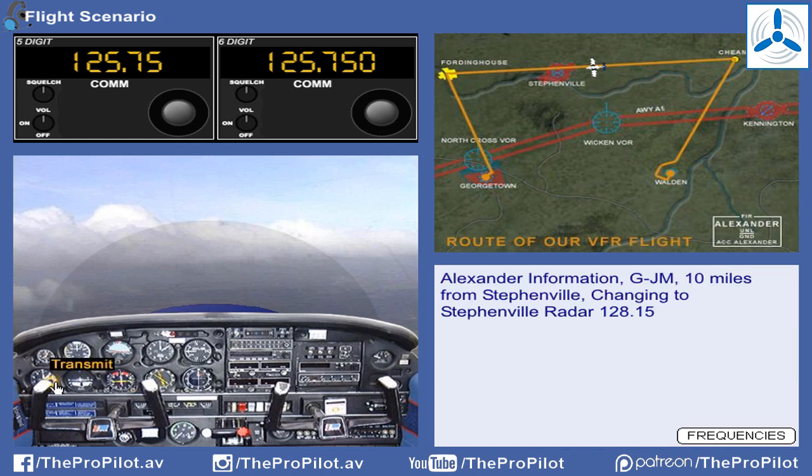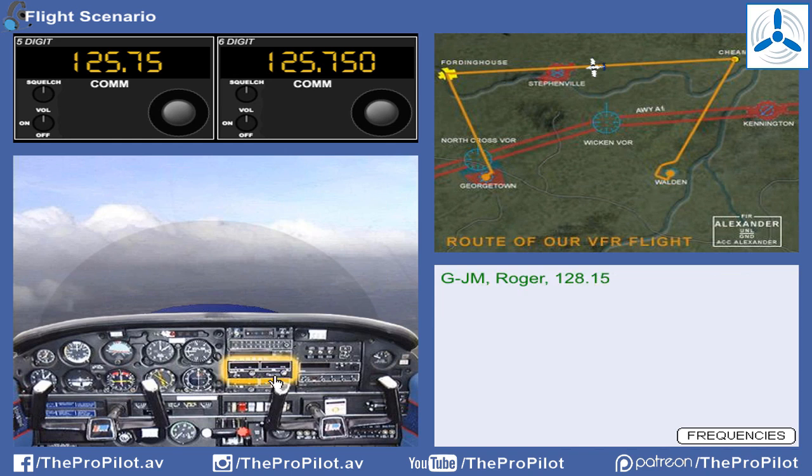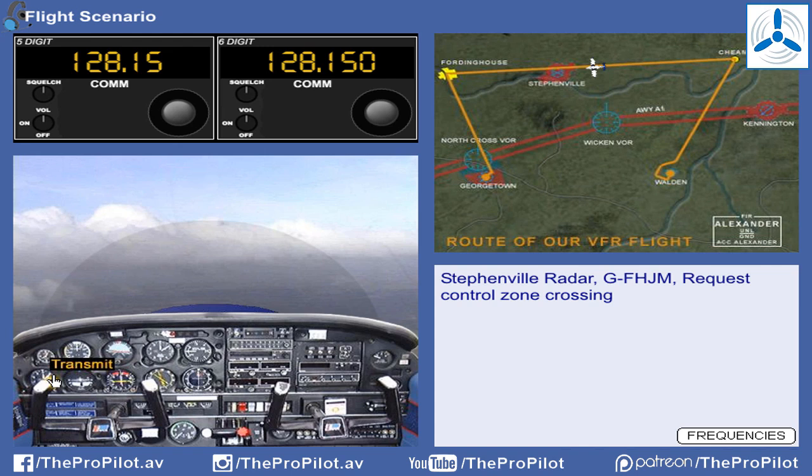Alexander Information, Golf Juliet Mike, 10 miles from Stephenville, changing to Stephenville Radar 128.15. Golf Juliet Mike, roger. 128.15. Stephenville Radar, Golf Foxtrot Hotel Juliet Mike, request control zone crossing.